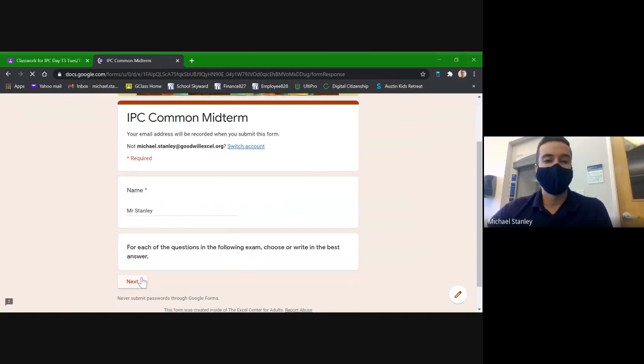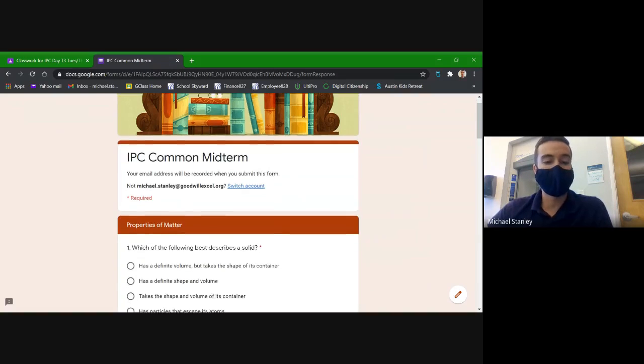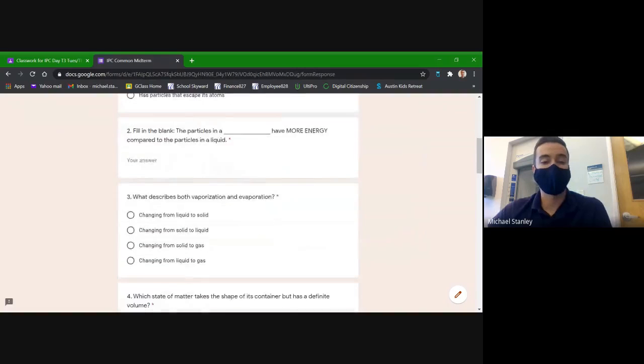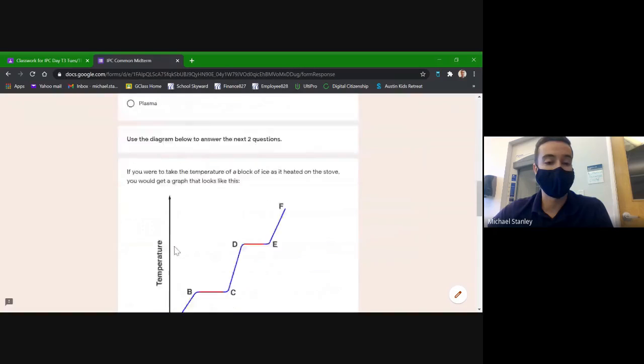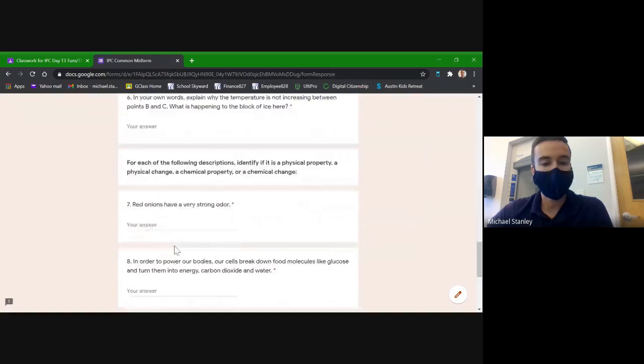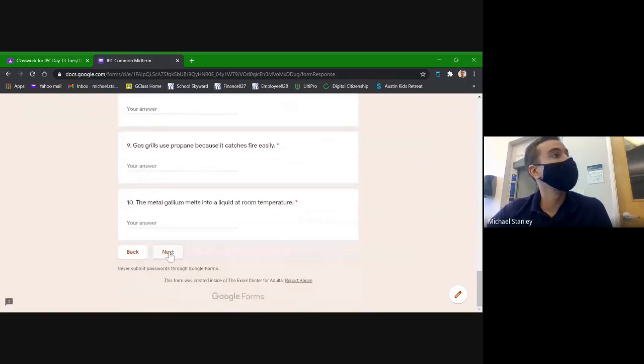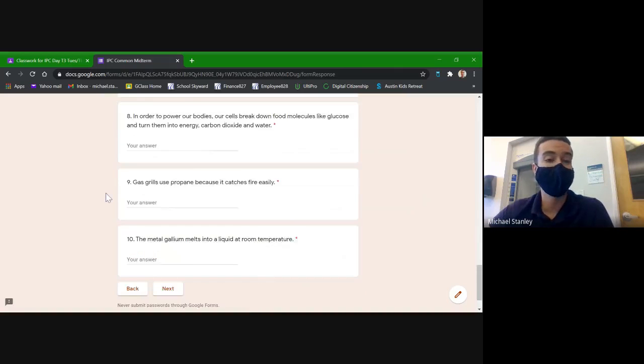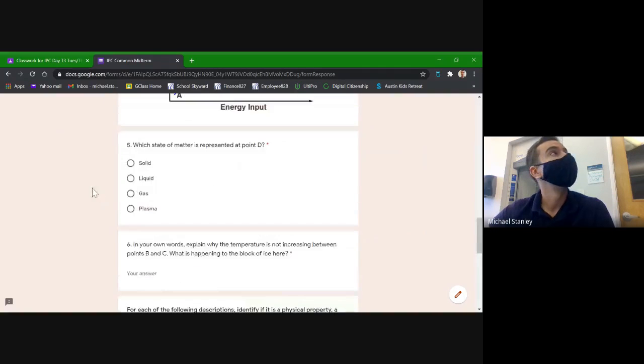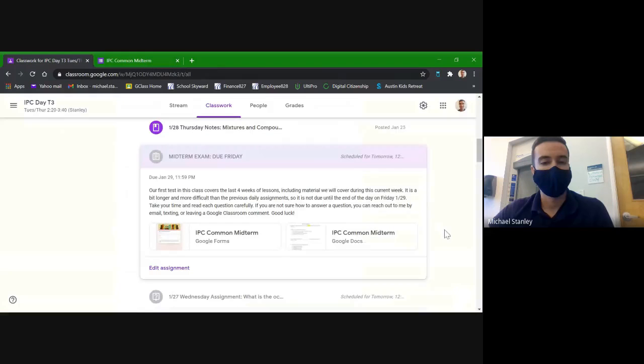Then you hit next, and it brings up a second group of questions, and you go through and answer all those. Then you hit next, and you'll go to a third group of questions. Your exam won't be finished and it won't be turned in until you get to the very end and hit the submit button, just like you would for any other Google Form assignment.